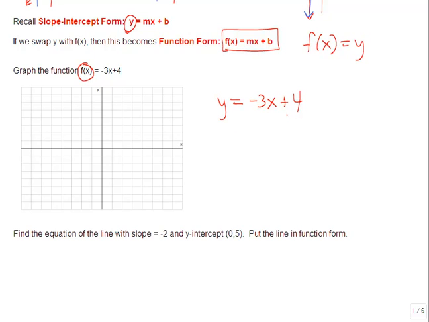So y equals -3x plus 4 is a line that has a y-intercept of 4, so it's going to go right through the y-axis at 4, and the slope is this -3, and if I rewrite that as -3 over 1, then I have a rise, or actually in this case a fall because it's negative, of 3. So I'm going to go down 3 and a run of 1. So I'm going to go over 1. And that would be my line, and that would be the graph of this function.